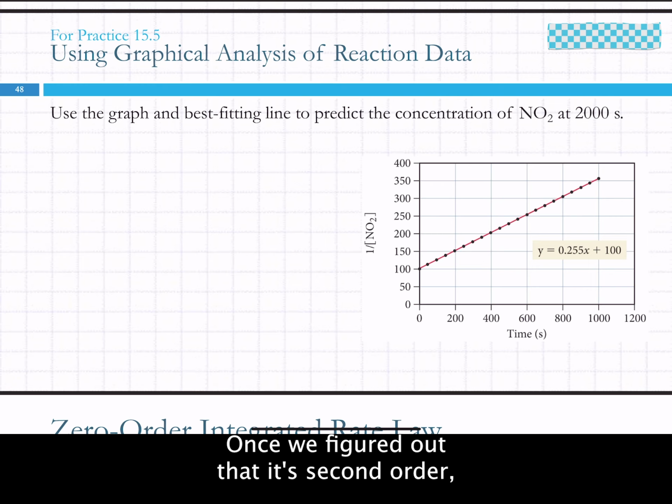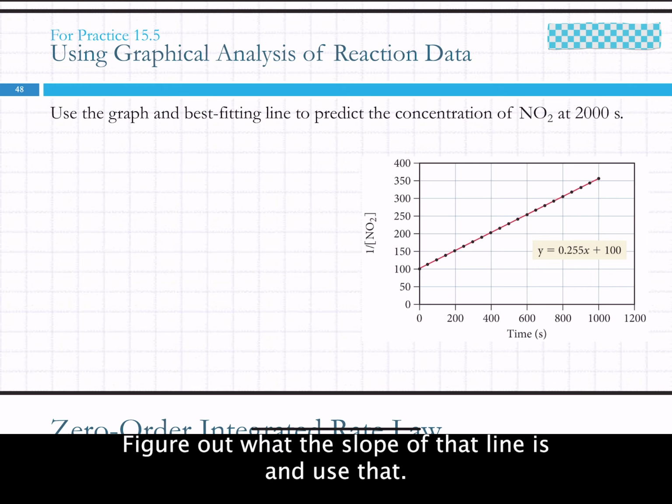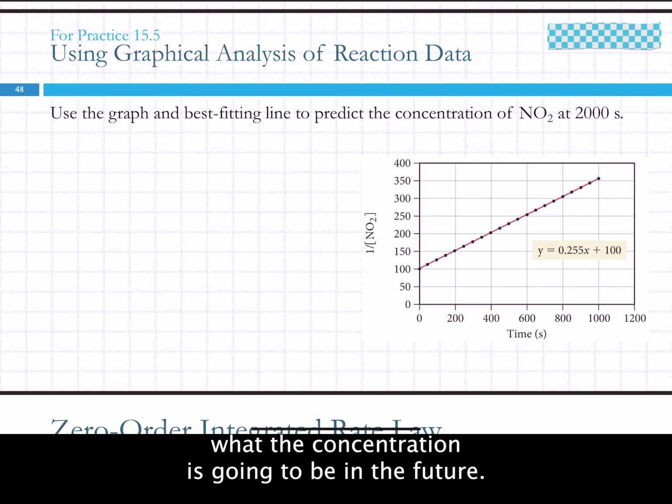Once we figured out that it's second order, then we could use the equation of the line or do a linear regression, figure out what the slope of that line is, and because it's the integrated rate law, we could use it to predict what the concentration is going to be in the future.